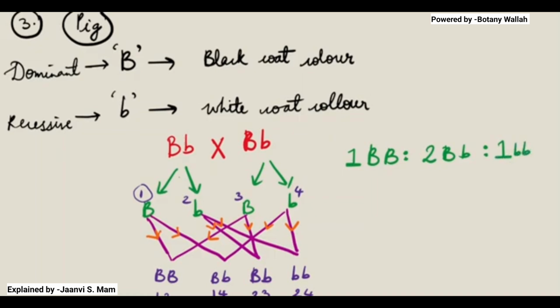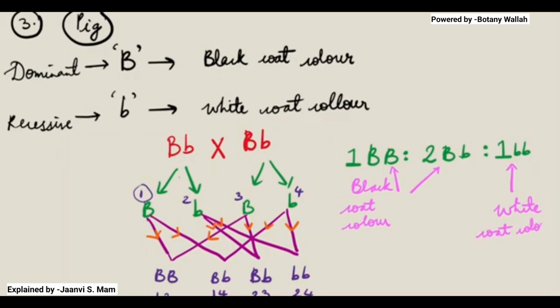Now this capital B, capital B will give you black coat color. Again, capital B, small b is black coat color and this also is black coat color, and you have only one possibility for white coat color.